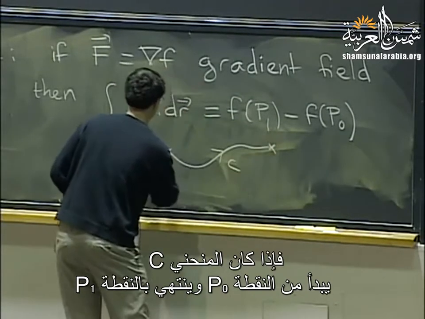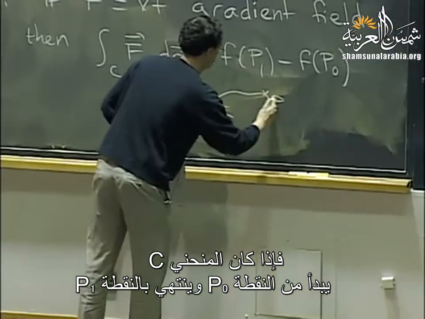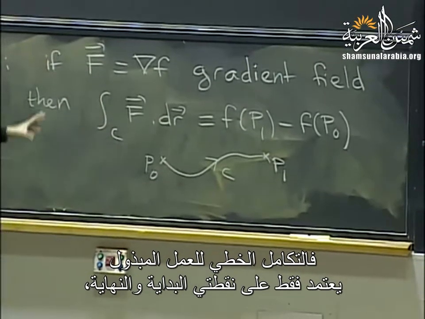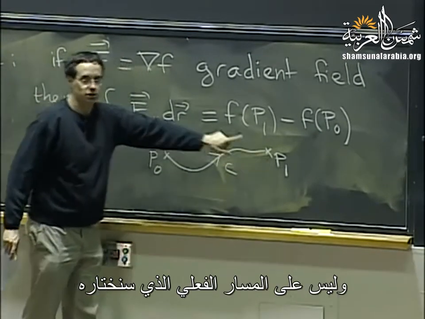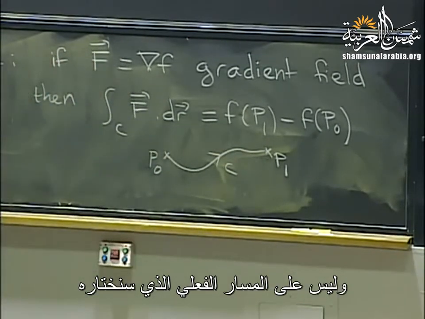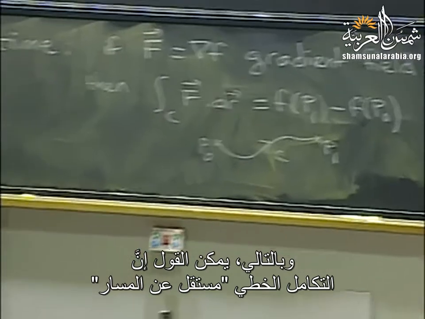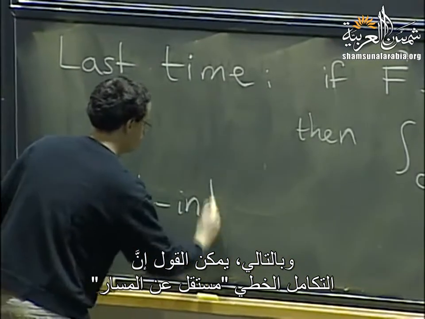So if we have a curve C from a point P0 to a point P1, then the line integral for work depends only on the endpoints and not on the actual path we chose. So we say that the line integral is path independent.